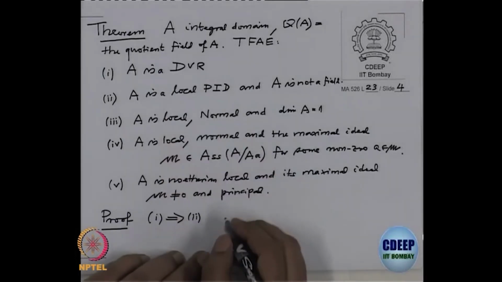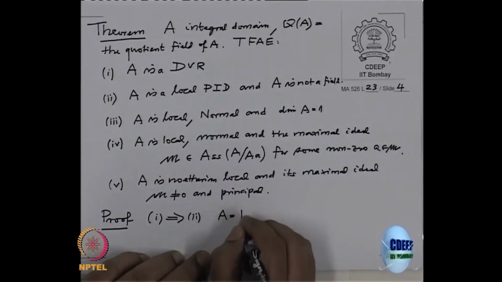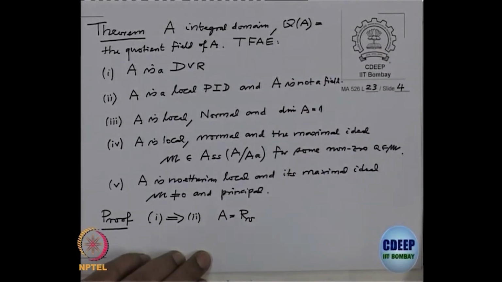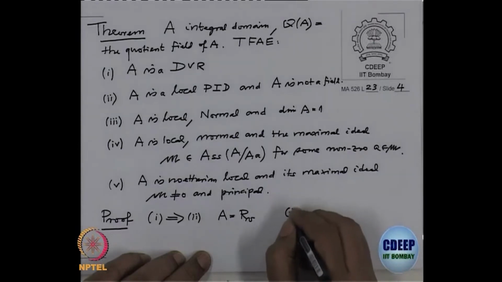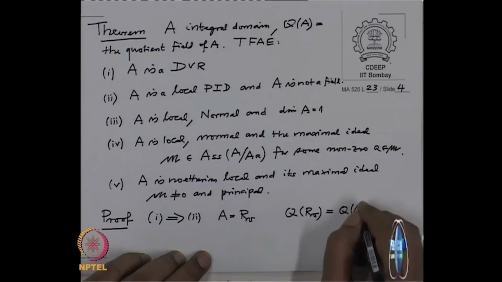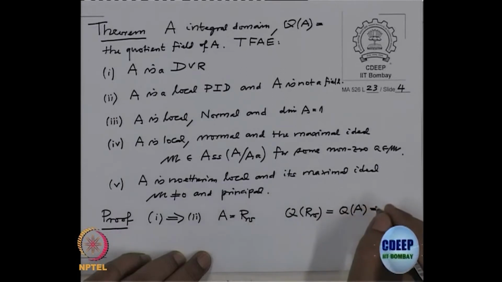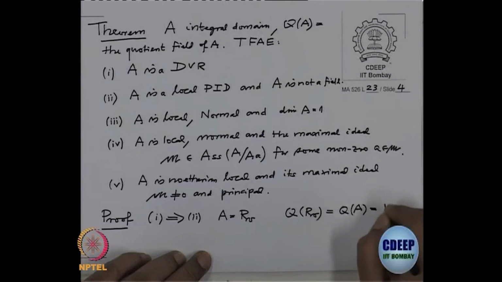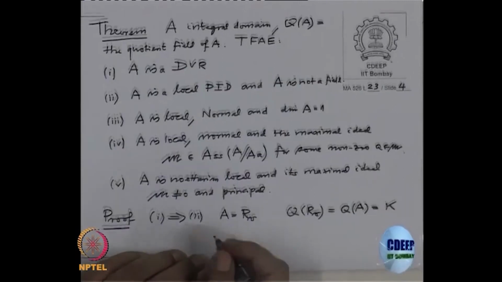We are given a discrete valuation, so write A equal to R_V.